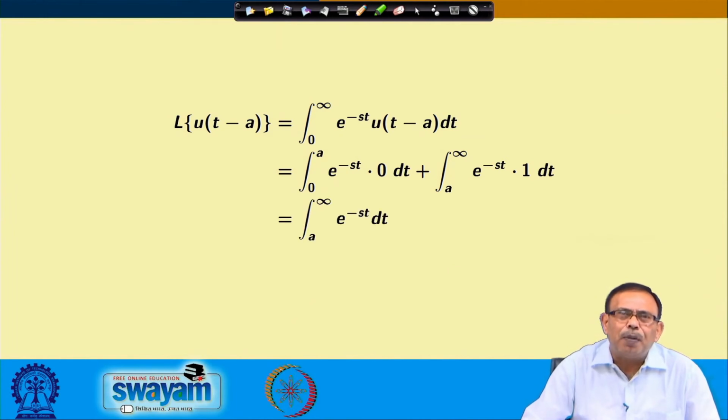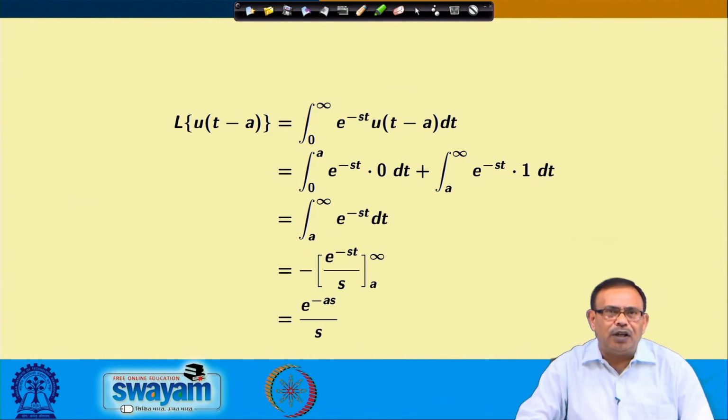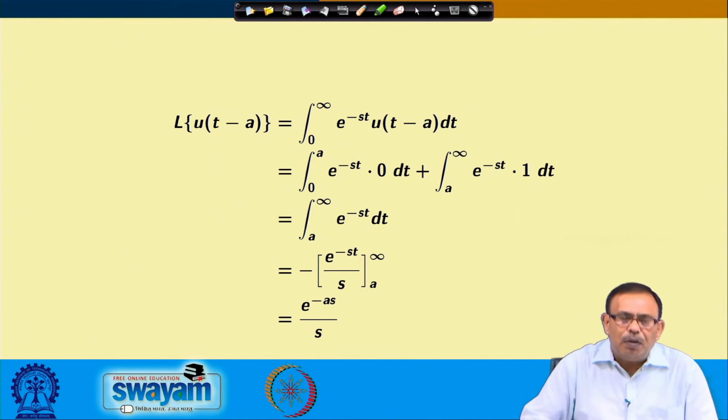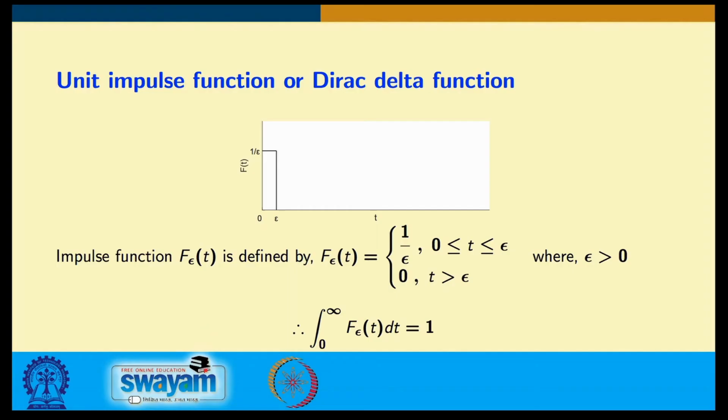So, it is simpler, and if I evaluate this, I will obtain the result as e to the power minus as by s. Please note that the Laplace transform of the unit step function of that category is e to the power minus as by s.